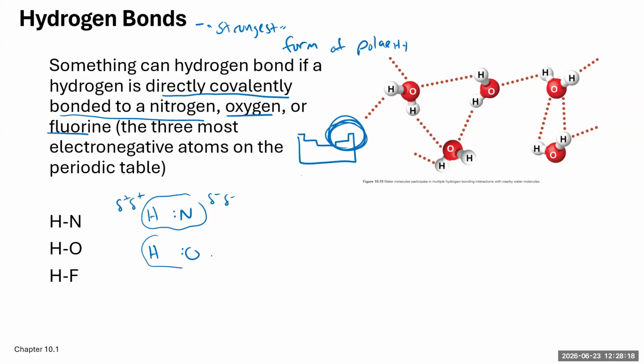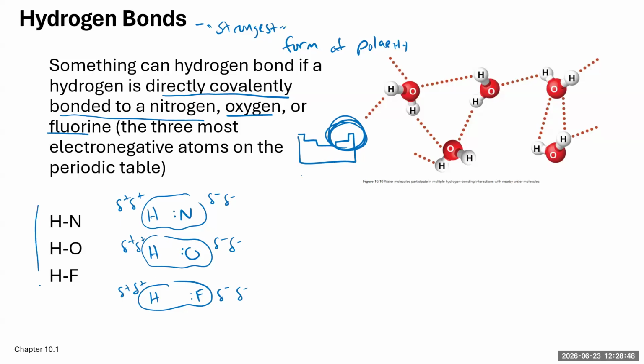So this side is a little more negative than a normal polar bond. And then HF, F is really negative. Fluorine's very, very electronegative. So it's going to be hovering way closer to the fluorine than it is the hydrogen. So it's going to be slightly more polar, or stronger, than the other polar molecules.